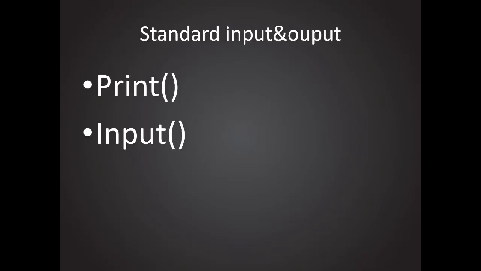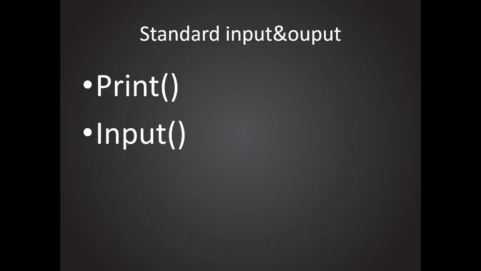We will talk about two very special functions, which are print and input. Print and input, also known as standard input and output. Actually, we've used print before, and it's not new to us if we have watched the previous video. Both print and input functions are quite intuitive.